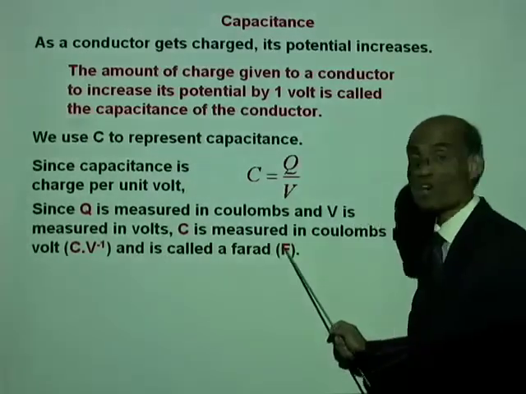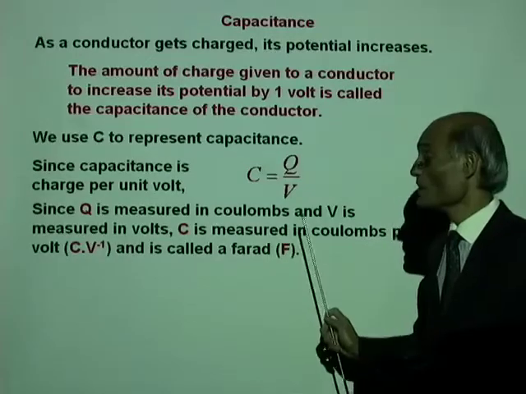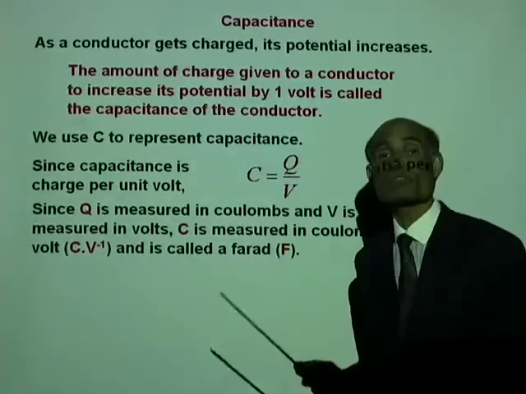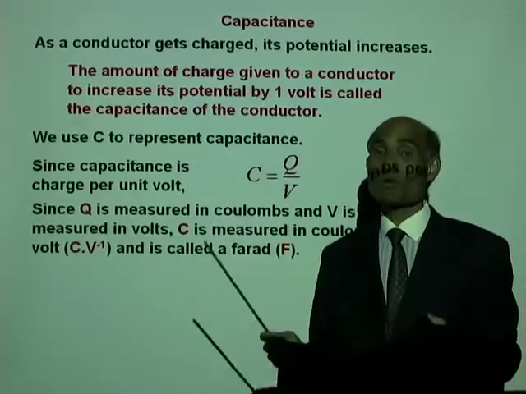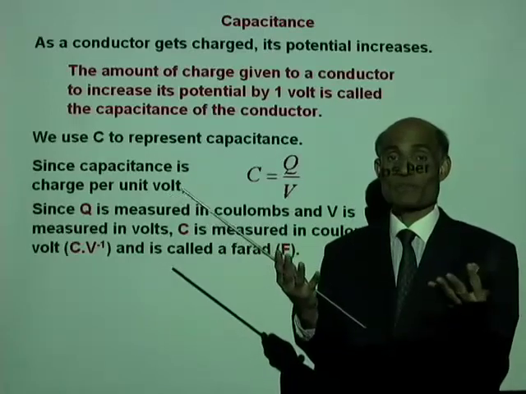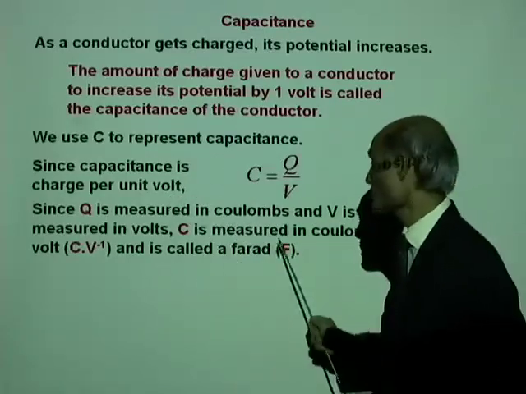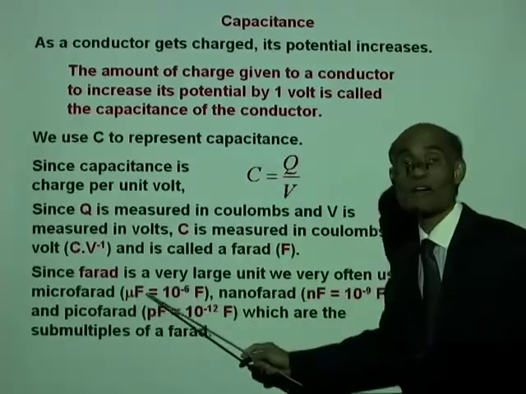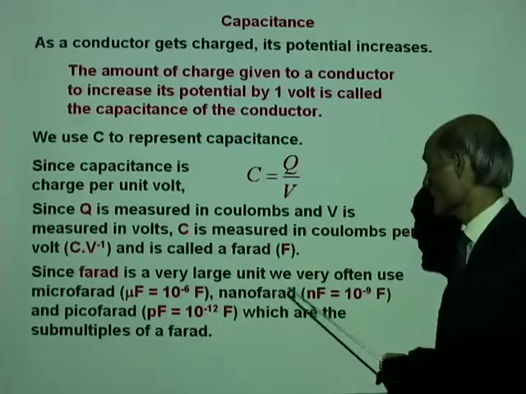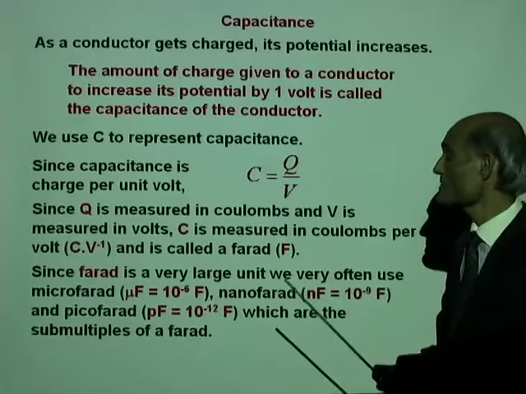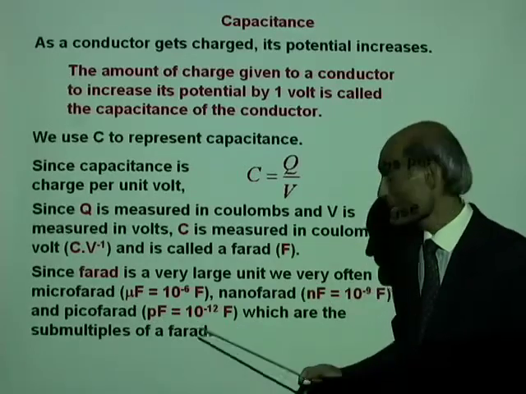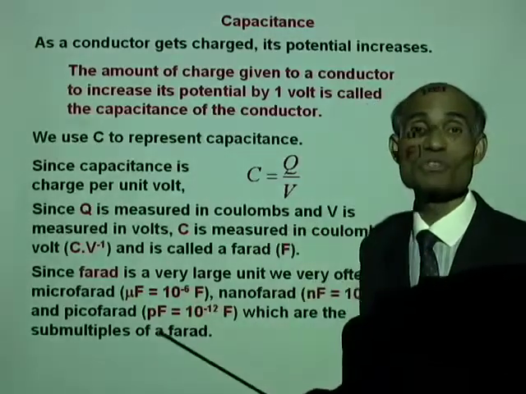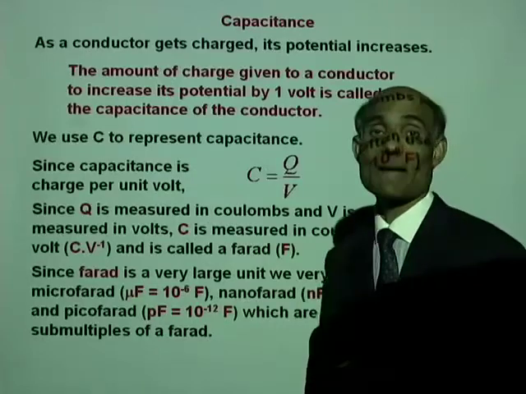Coulombs per volt is called a farad. Just like a coulomb is a large unit, farad is also a very large unit. That means for everyday usage, you've got to use smaller units. What are the smaller units? Microfarad, which is 10 to the negative 6 farad, nanofarad, 10 to the negative 9 farad, picofarad, 10 to the negative 12 farad, and so on, are the commonly used units of measuring capacitance.